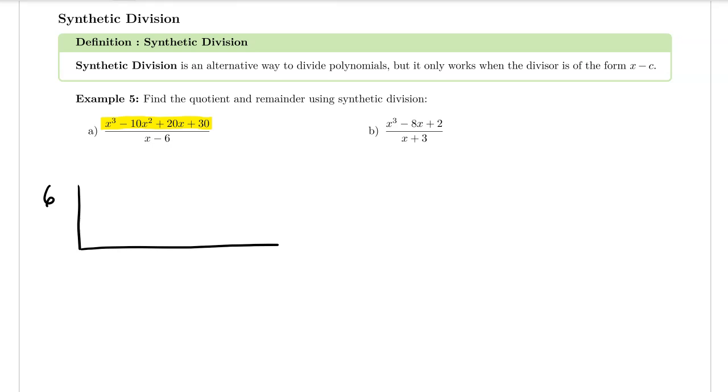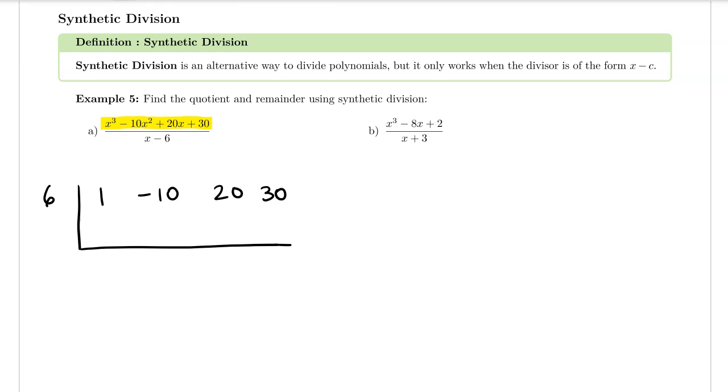In other words, I want the highest degree first, and then going down to the lowest degree. So reading this off, my coefficients are 1, and then moving on, we have negative 10, 20, and 30.